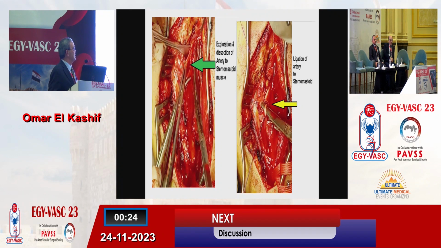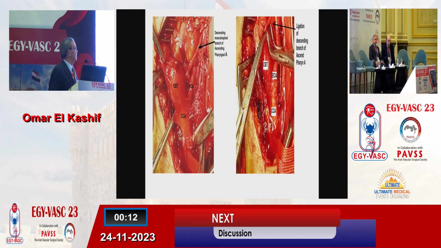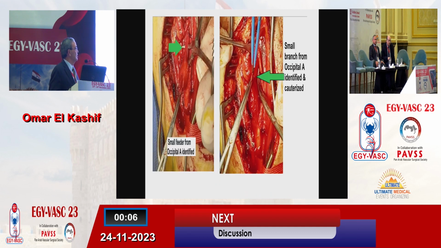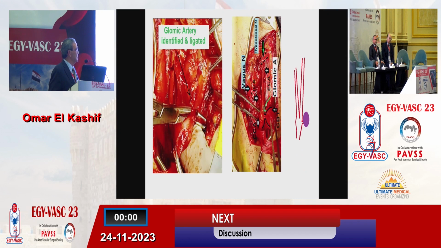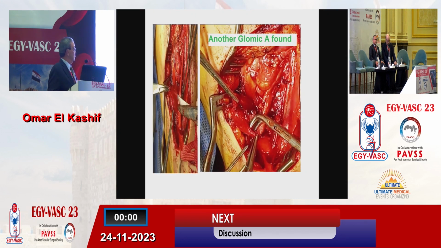The first step is exploration and dissection of the sternomastoid artery. After that, we manipulate and dissect the hypoglossal up, and then this is the descending branch exposed and ligated, and this is an extra branch from the occipital artery identified and ligated, and after that we dissect the tumor down, reaching the glomic arteries, and sometimes we find more than one glomic artery from the common carotid artery bifurcation or the external carotid.